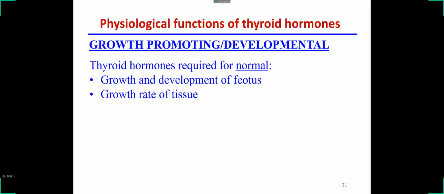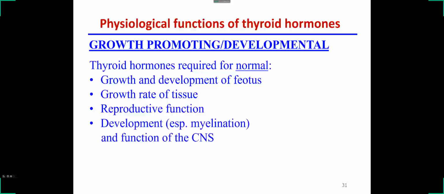And that's because thyroid hormone drives and controls the rate of growth of our tissue. Thyroid hormone also impacts reproductive function and development and function of our central nervous system, in particular myelination, which is the protective myelin over our nerves.